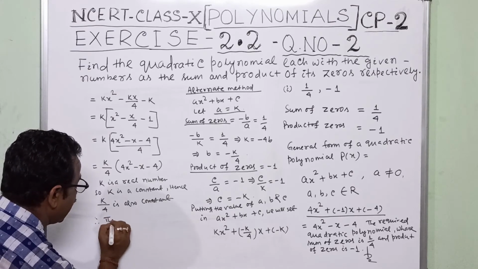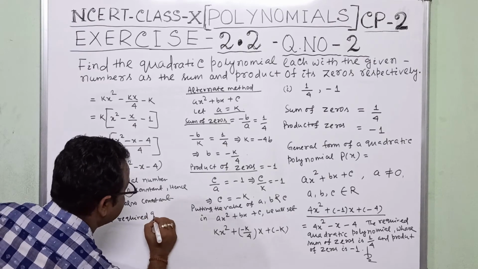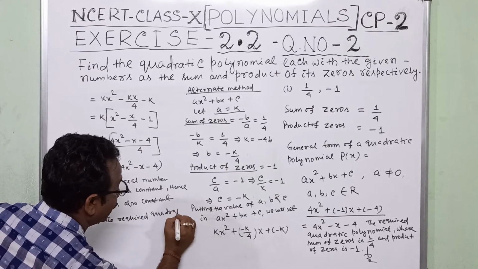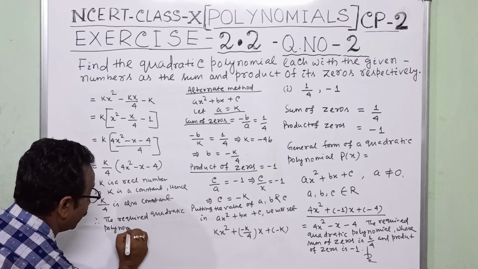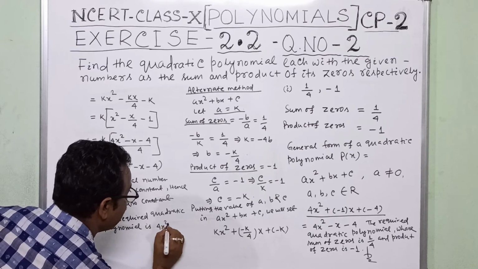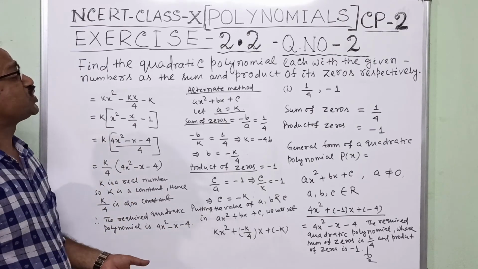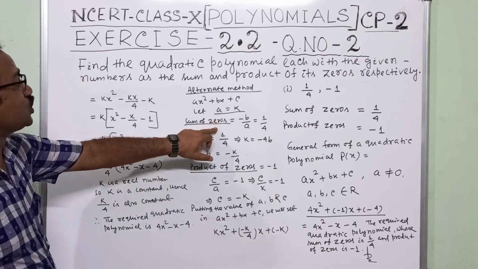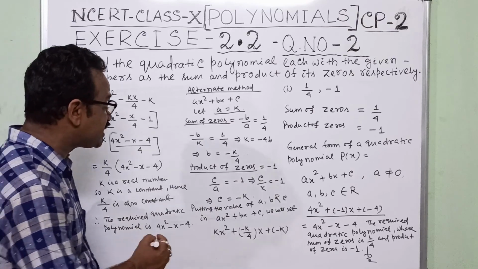Therefore, the required quadratic polynomial is 4x square minus x minus 4, whose sum of the zeros is 1 by 4 and product of the zeros is how much?